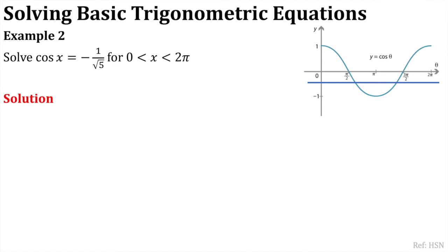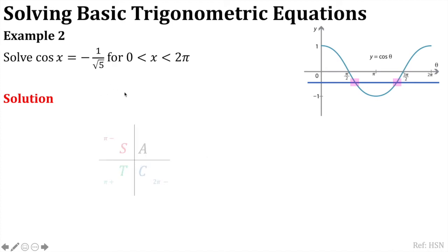Now I can see that that cuts the cosine graph in 2 points, which you can see here. So let's have a look at how to go about this. We can see that the two answers are occurring in the second quadrant between pi over 2 and pi, and the third quadrant, so between pi and 3 pi over 2.